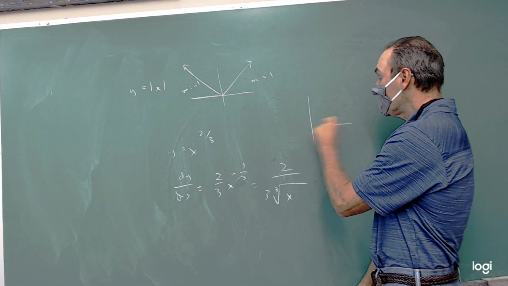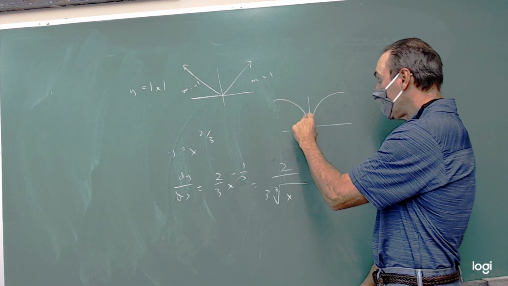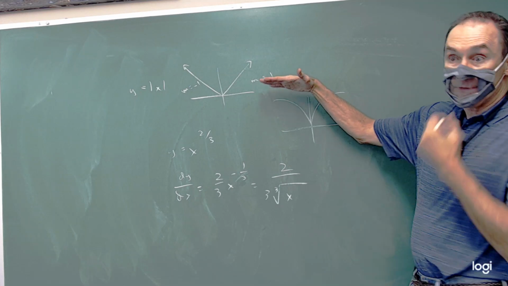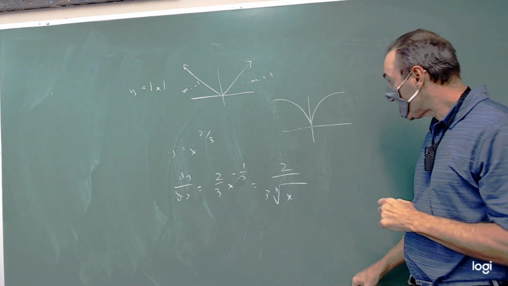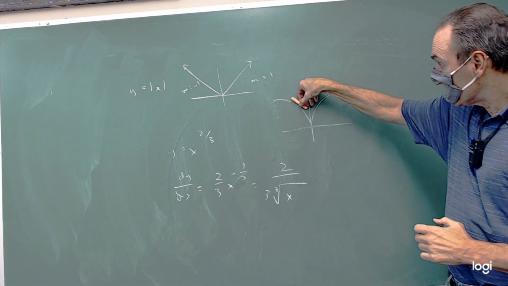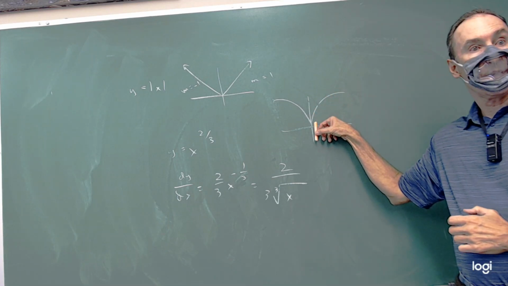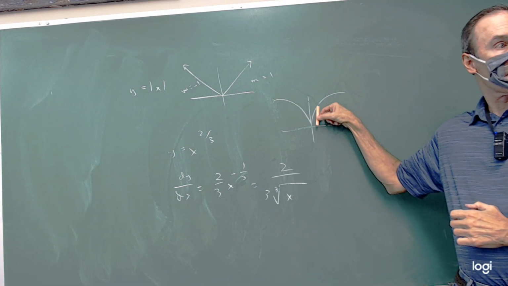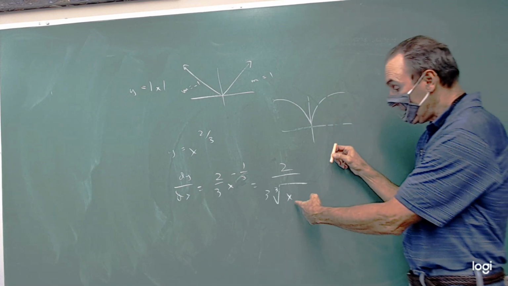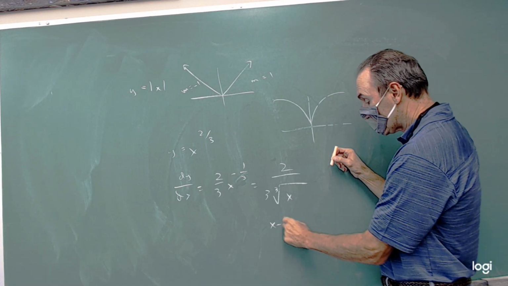As you come in from the left side, you can see visually that the slope of the tangent line is falling into a vertical tangent there. It's going to have a slope that, as you approach 0, you can see algebraically.